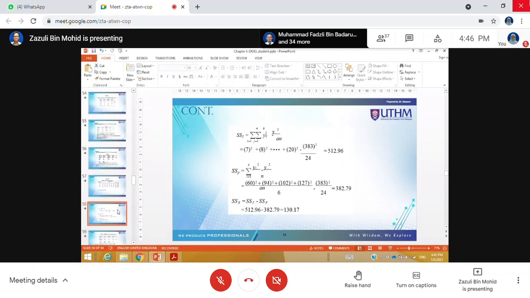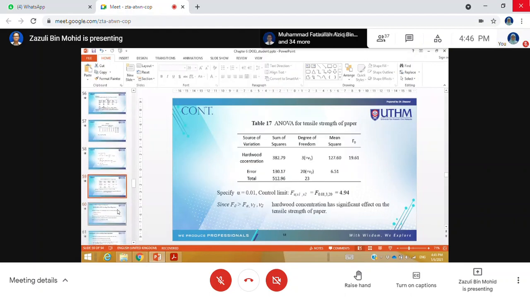So you can calculate the SST, SSF, and SSE, and then arrange it in this type of table. So in your calculation, maybe in your final exam, when you have questions taken from the ANOVA chapter, from the design of experiment, you must create a table like this.